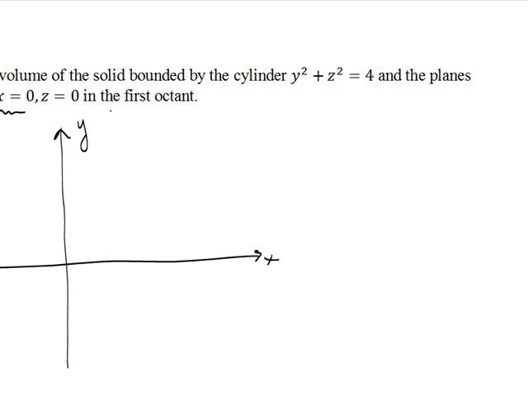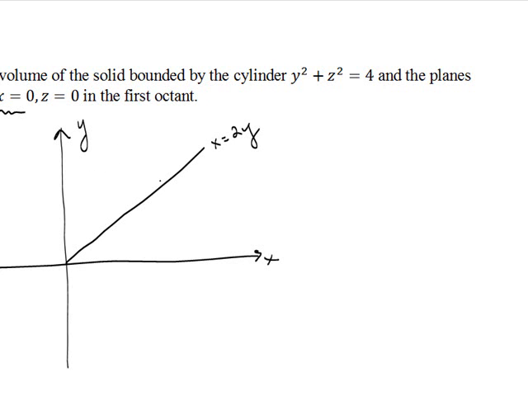When you draw that, you get that. And we are in the first octant, so we're in the first quadrant. X equals 0 is the y-axis, right? So this region is unbounded. Notice, it's open.